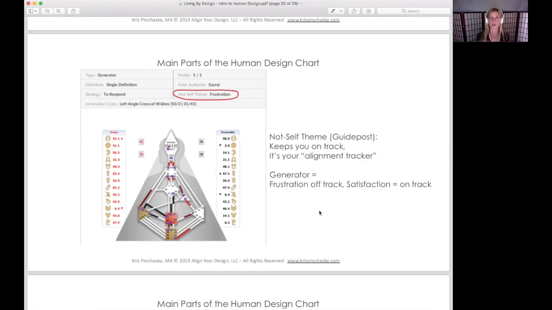It lists all the different authorities in there. And then each one has a mantra, like a one-liner that allows you to really embody the correct use of your energy. Okay. So you want to download that because that will explain more than what I can cover right here.